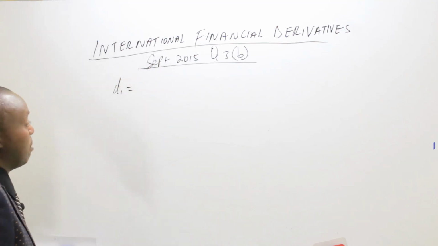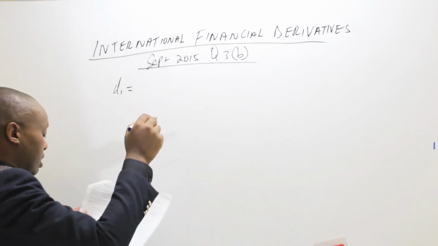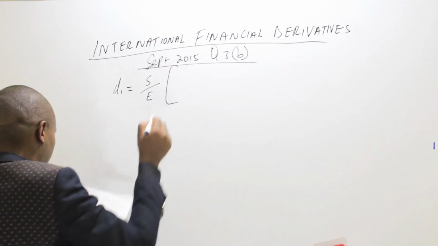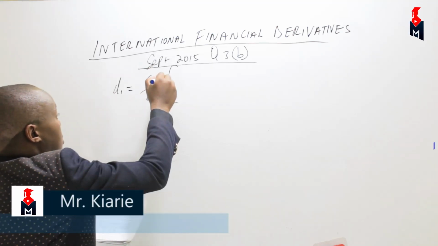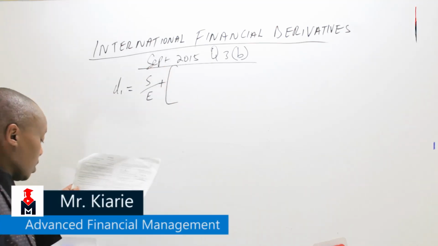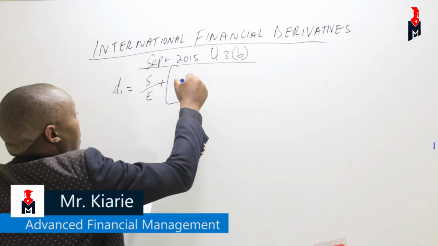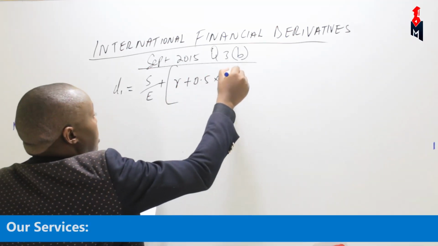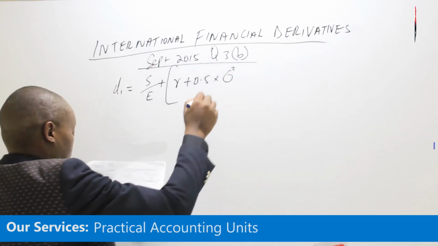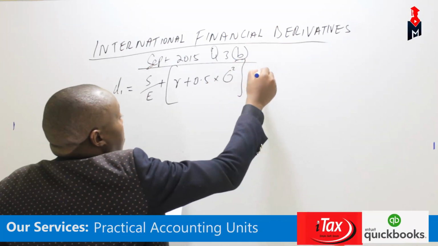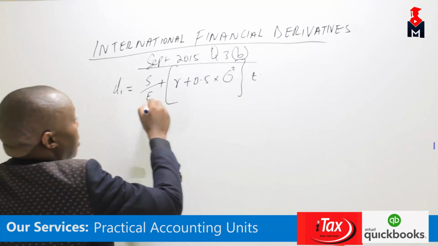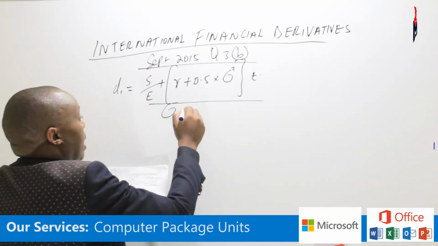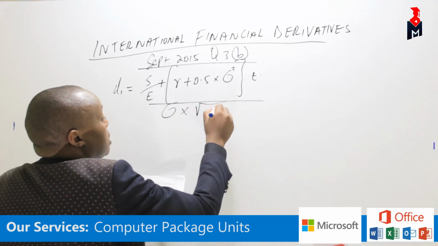In this case, the formula of d1 is computed as ln(S over E) plus open brackets R plus 0.5 times the standard deviation squared, then all that you multiply by T. Then you divide all these by sigma, which is the risk, times the square root of T.